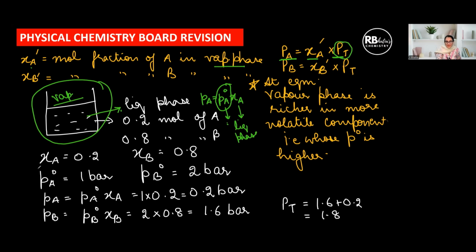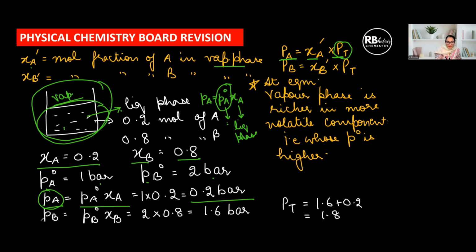As an example, if I tell you chi A is 0.2, chi B is 0.8 in the liquid phase, and PA naught and PB naught are given, then if I want to relate the pressure contribution of A to the mole fraction in the liquid phase, I'm going to use this formula. I'm going to get this.